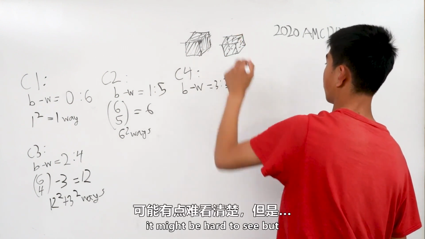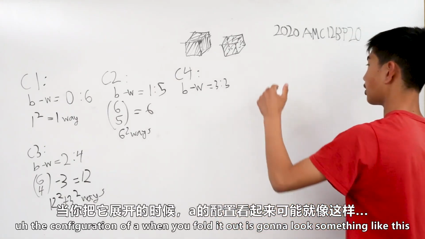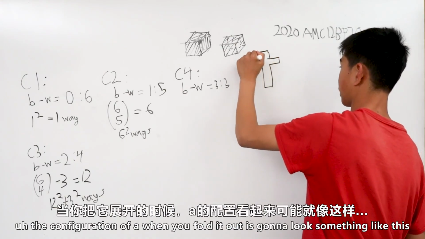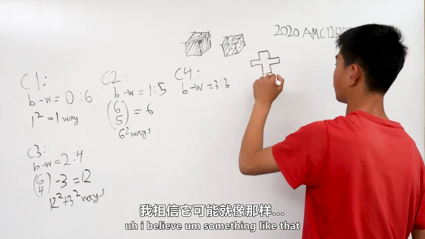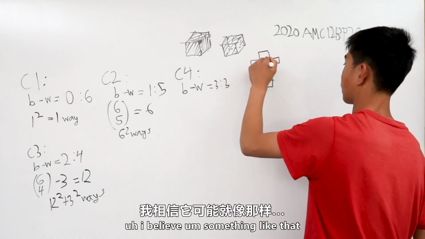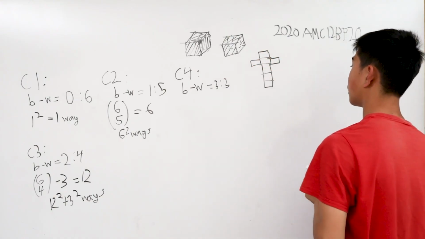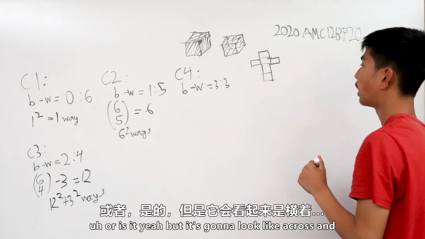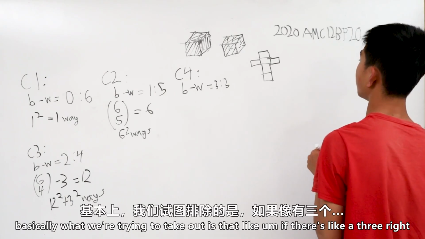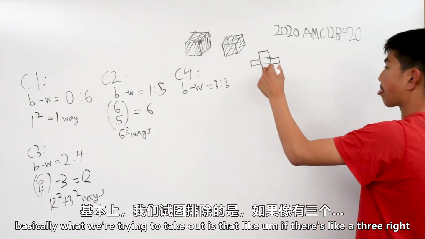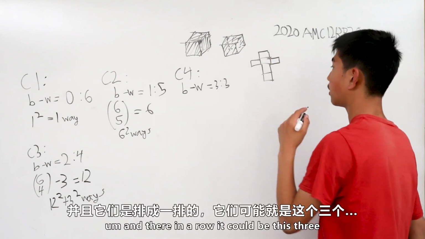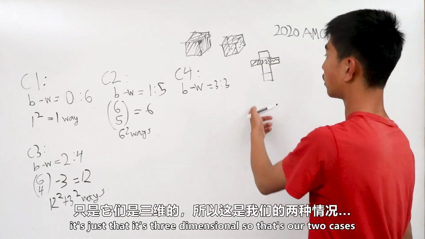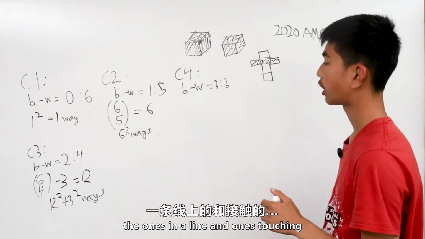It might be hard to see, but the configuration of a cube when you fold it out is going to look something like a cross. Basically what we're trying to take out is that if there's a 3 in a row, it could be this 3. It's just that it's 3-dimensional. So that's our 2 cases, the ones in a line and ones touching.